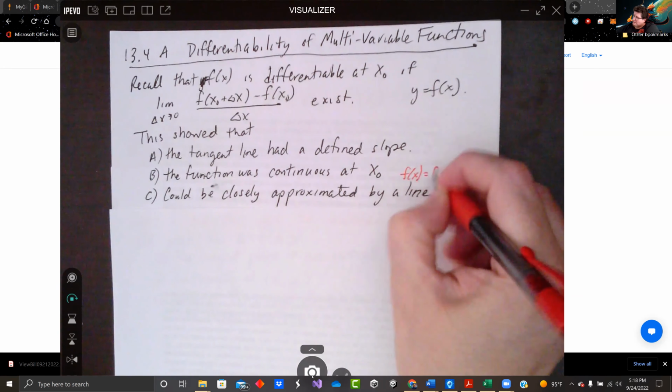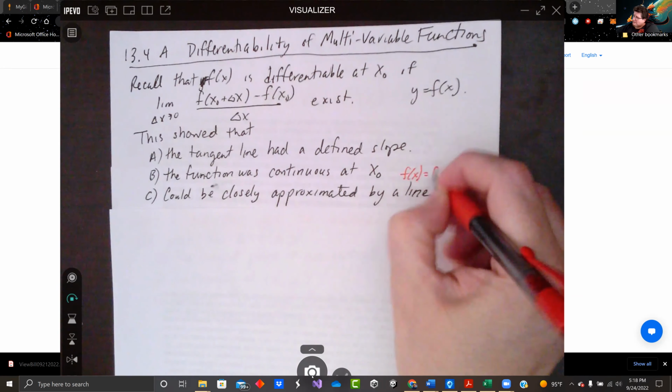So delta f and f prime of x naught times delta x are close enough that the error is much smaller than the magnitude of delta x. If we subtract the full value, delta y or delta f, minus dy, or f prime of x naught times delta x, this is our error right there.